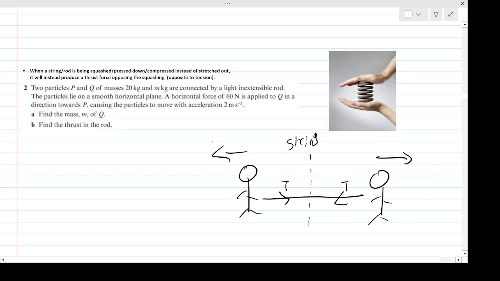It's opposing the stretching. Okay, what I want to look at now is, instead of stretching, what if we compress or squash down on the string or the spring or whatever it is.